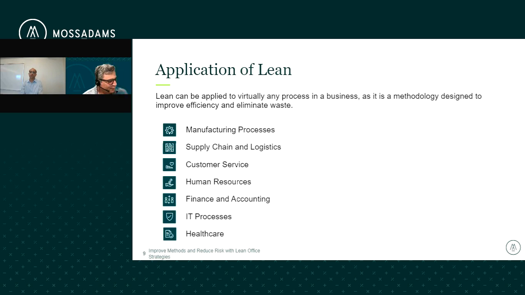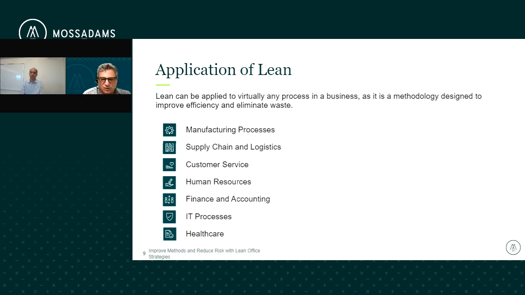As I mentioned, frequently lean is associated with manufacturing processes, which would make sense: reduce defects, eliminate waste, improve efficiencies. But it also affects the supply chain. Lean Six Sigma can be used to streamline supply chain processes from procurement and inventory management to distribution and delivery. And it's true also with customer service.